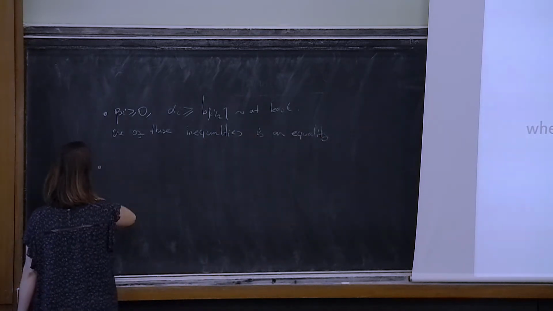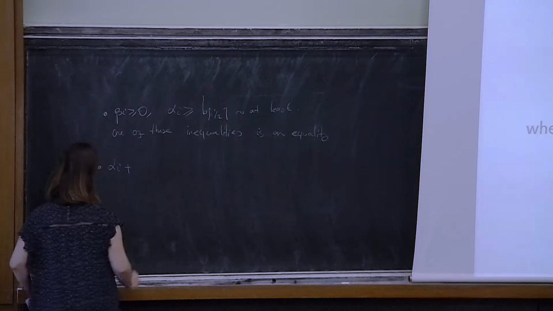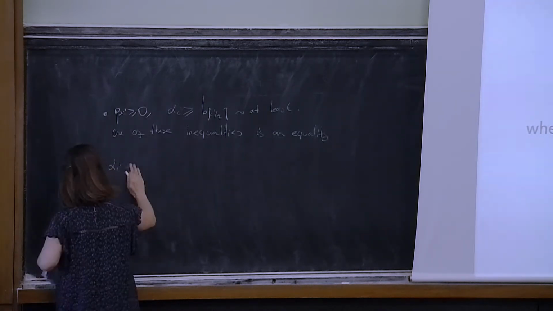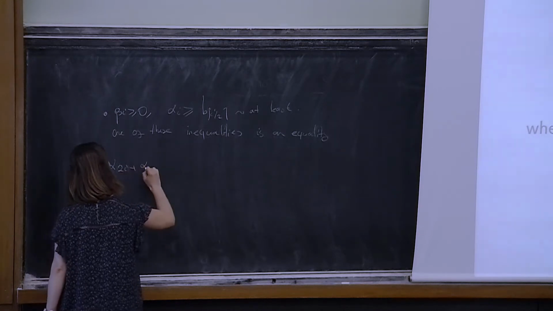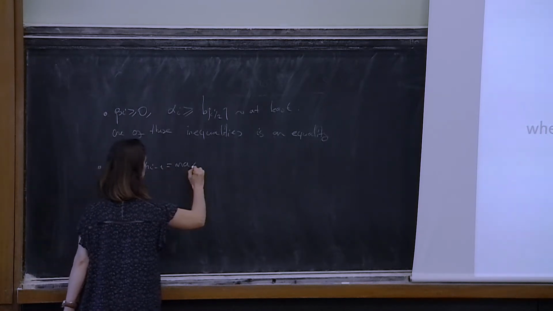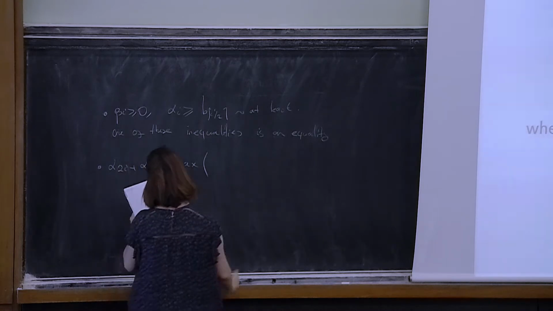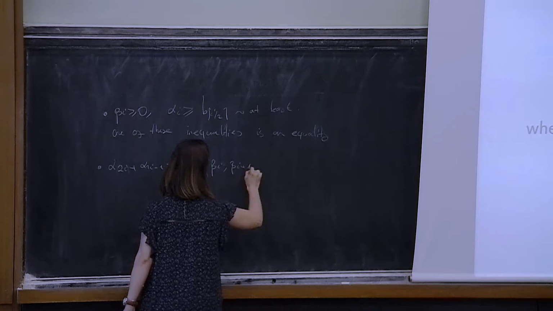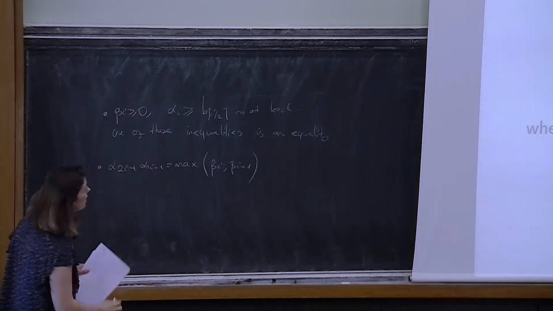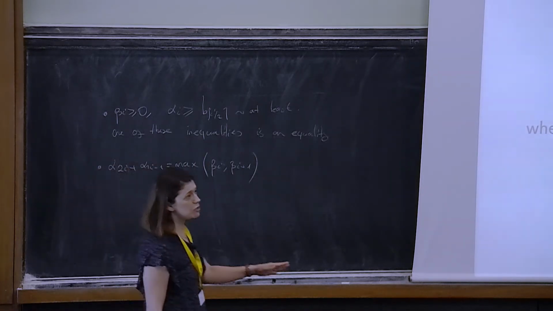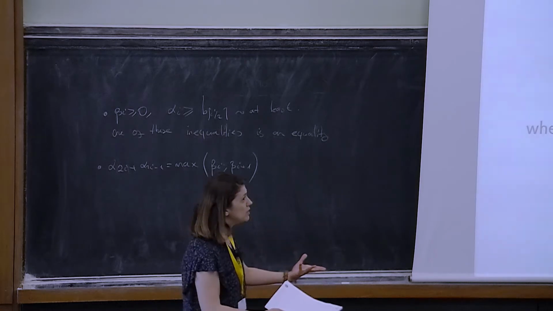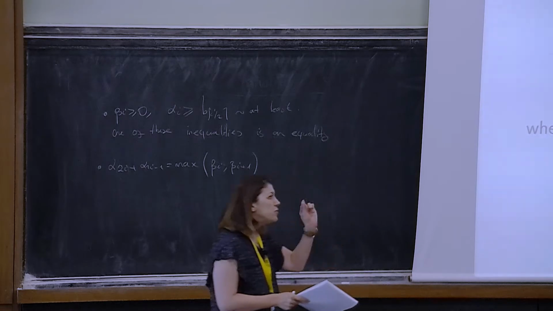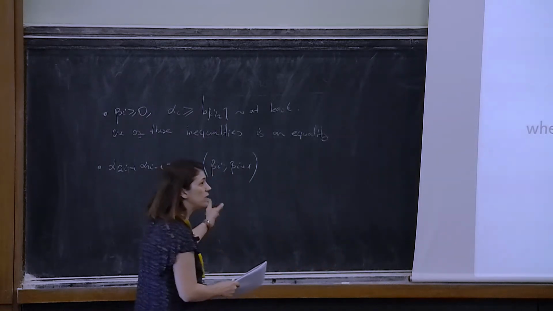And the third fact is that alpha 2I, sorry, is the maximum of beta I and beta I plus 1. So the triangle inequality should be satisfied in each region because we have triangular regions. But if you have two consecutive triangular regions, in one of those regions you must have an equality. That's what it's saying.